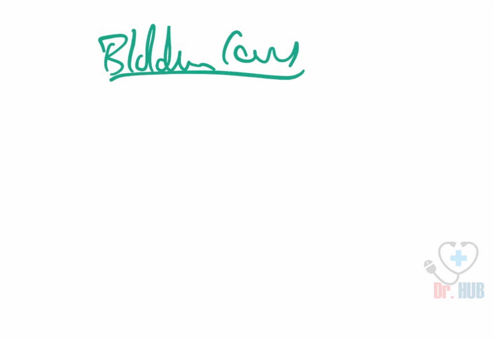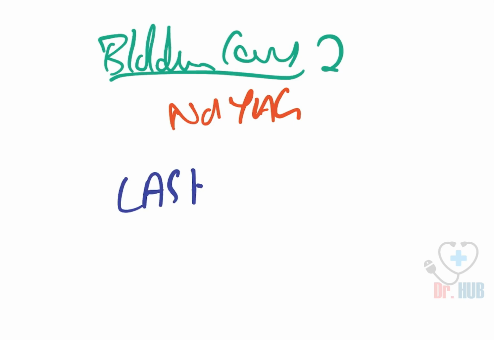So the first question was, what is used in case of the bladder cancer? In bladder cancer, what was used was NDAG. Next, we asked in case of LASIK surgery, that is in ophthal, which one was used?